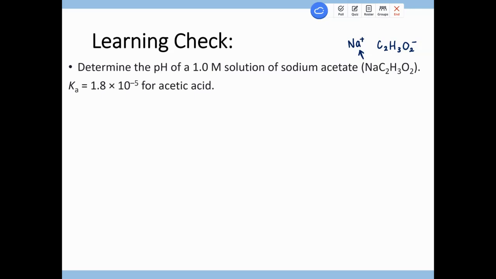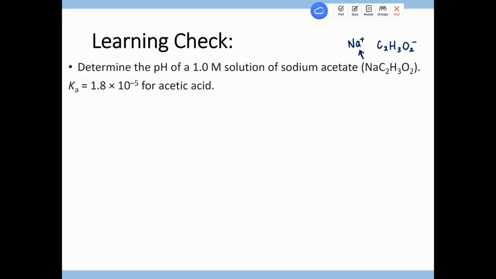Does that look like a basic or acidic compound? Keeping in mind that sodium does not have acid-base properties. Any thoughts? All right, that's all right.